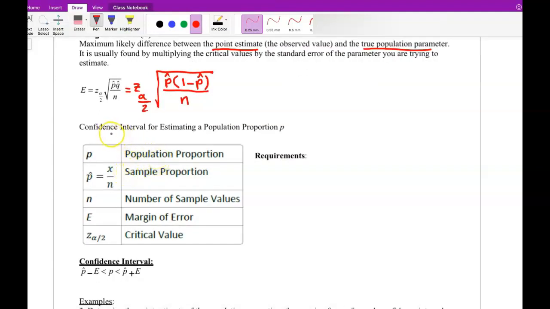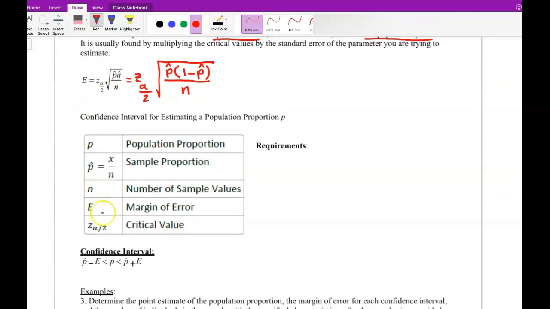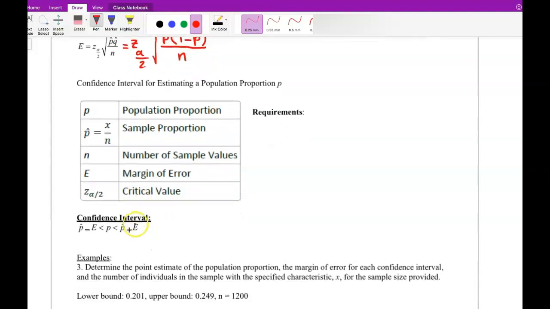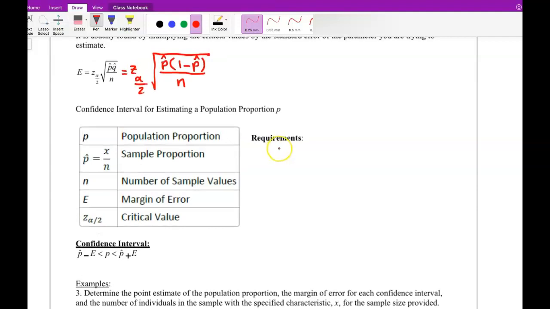So here, confidence interval for estimating population proportion showing with p, and p hat, what p hat was is sample proportion, and n is number of sample values, e is margin of error on this part, and z alpha divided by 2 is critical value, which was on the previous page. And so what are the requirements for this part?